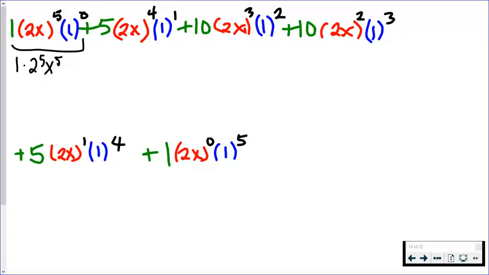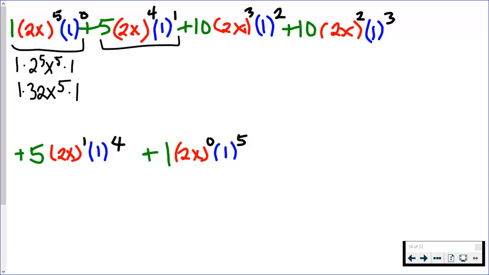And then anything to the 0 power is going to equal 1, no matter what it is. 2 to the 5th power, 2 times 2 is 4, times 2 is 8, times 2 is 16, times 2 is 32. So I get 1 times 32x to the 5th times 1.